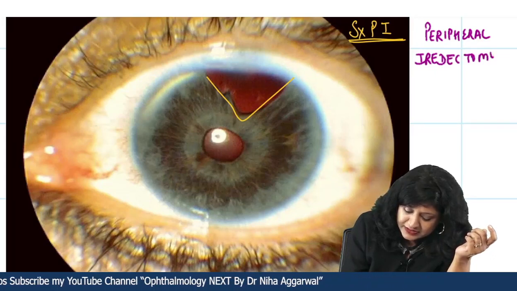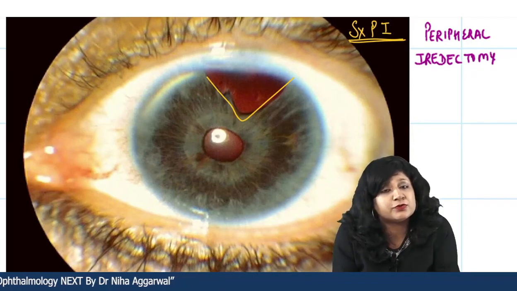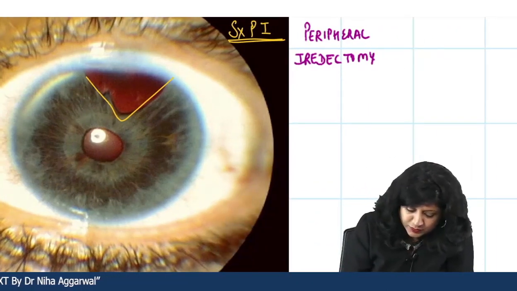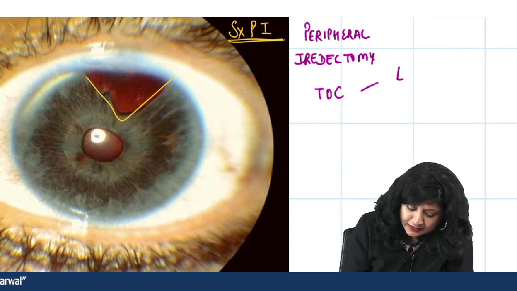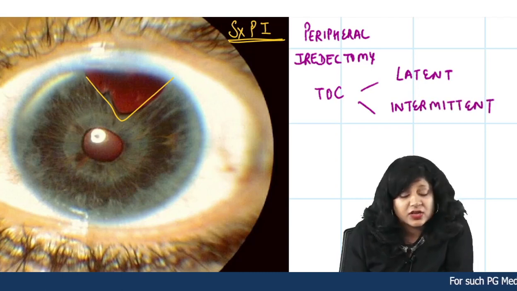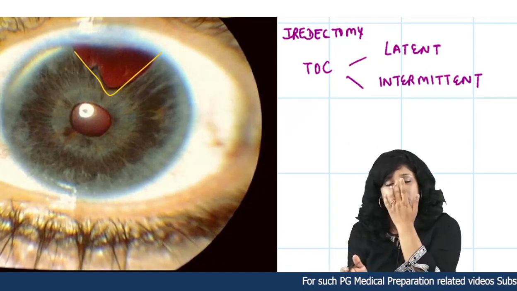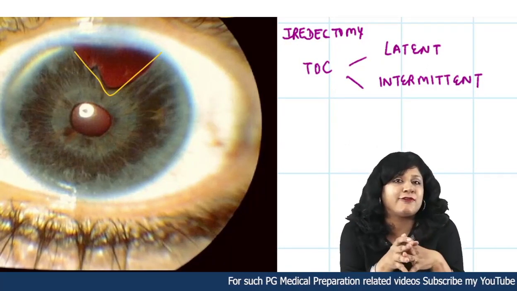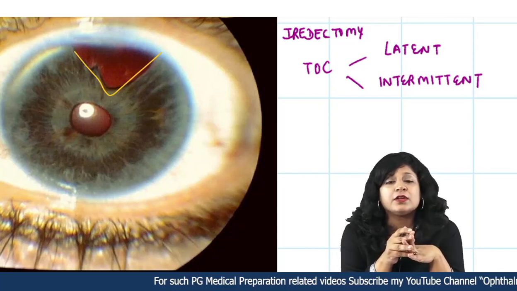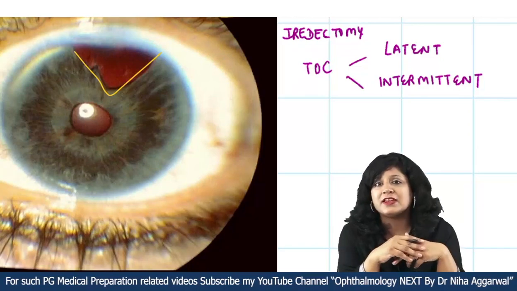It is the treatment of choice in the latent stage, then in the intermittent stage. We also use it as the treatment of choice for prophylaxis in the fellow eye. Now if you look at it as an emergency condition, this is very important.